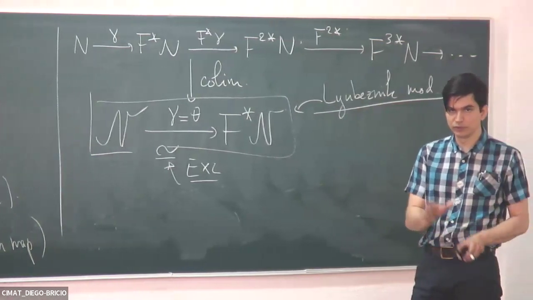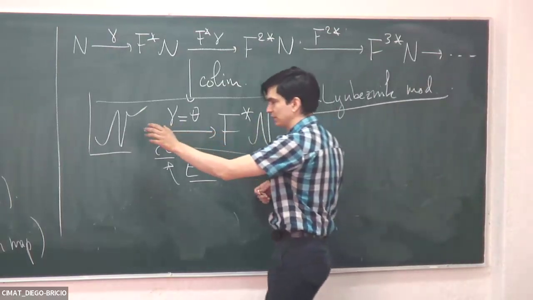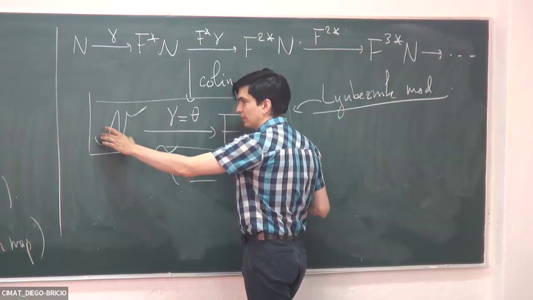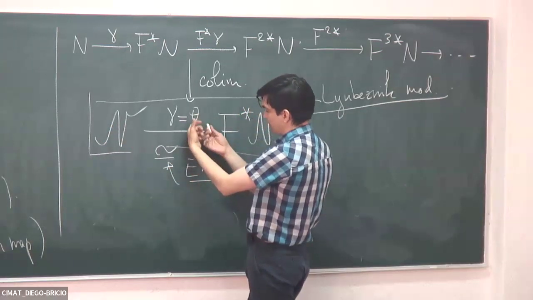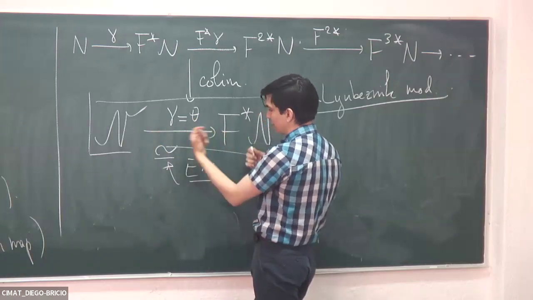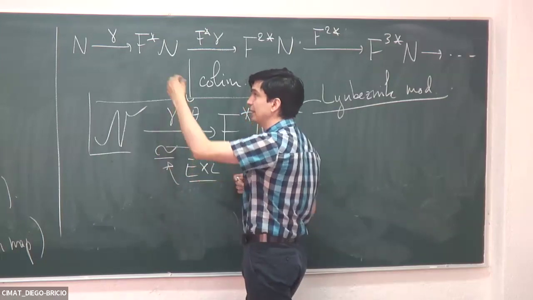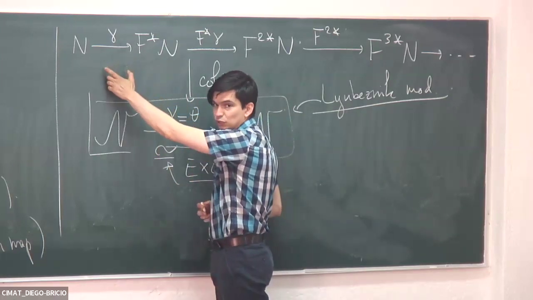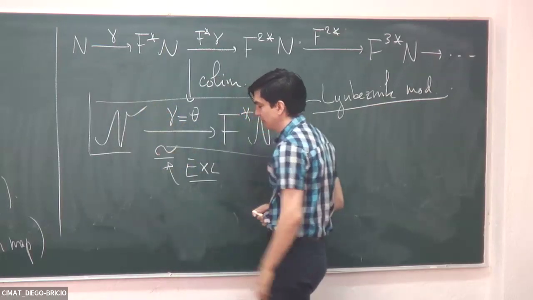So intuitively, or another way to say the exact same thing, a Lyubeznik module is a module N with a map from it to its Frobenius pullback that just happens to be an isomorphism. Okay? And that is obtained from a finitely generated source. Okay? By taking this limit.